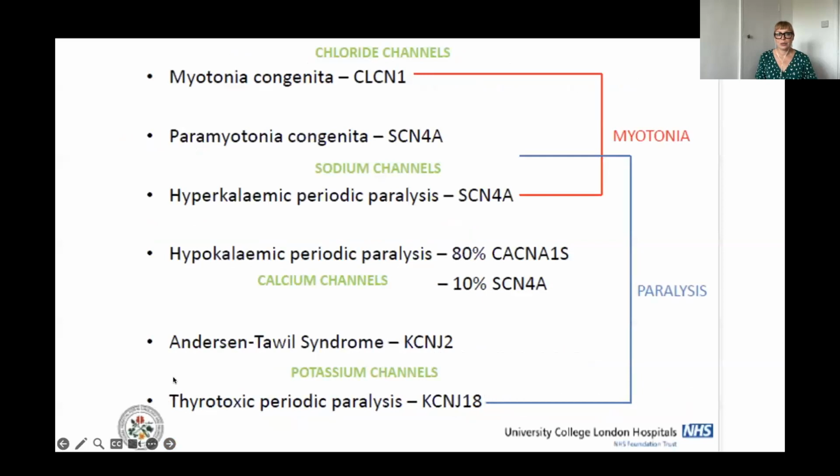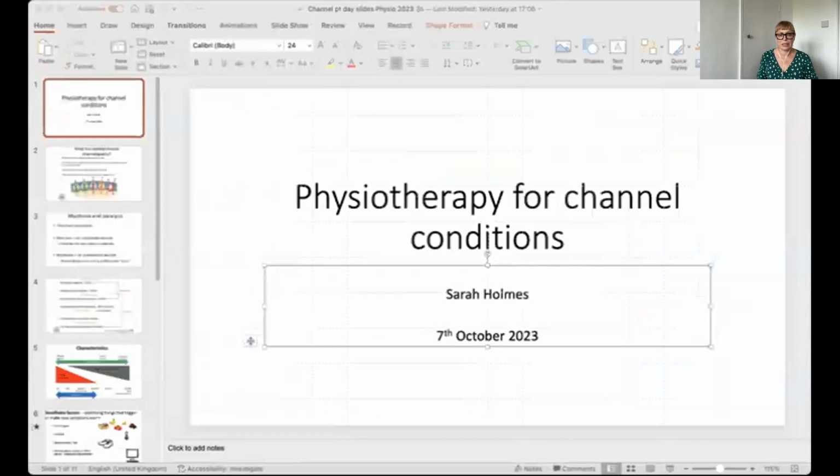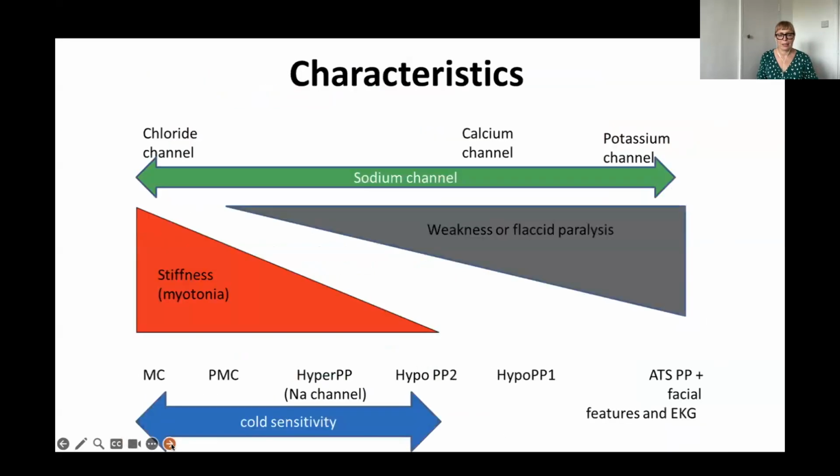So there's a range. We have changes with chloride channels, mostly causing myotonia. Some of the sodium channel mutations or changes also cause an overlap between myotonia and paralysis. And then the calcium channels and potassium channels, as we've discussed already. And there's really a range of symptoms.